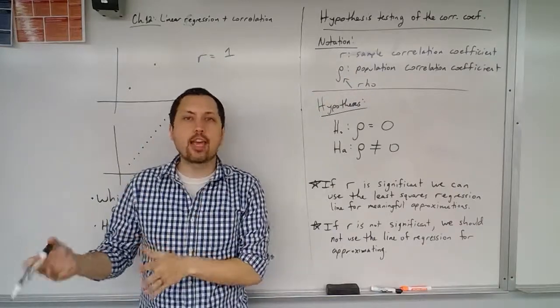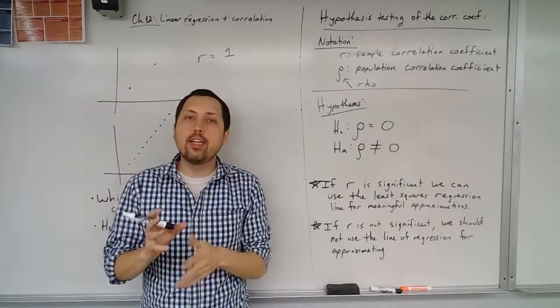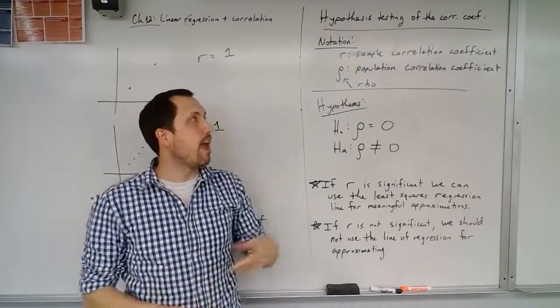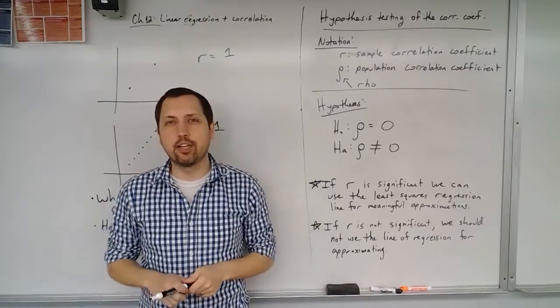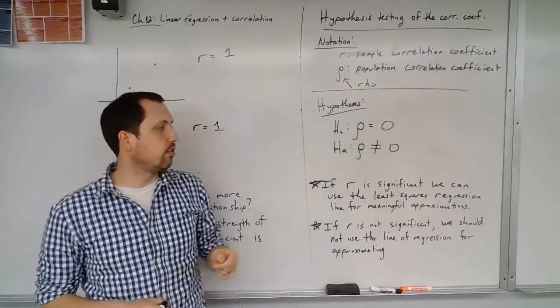So when you have your scatter plot, you find your line of best fit, you have all of that fun stuff, we now would like to test the claim that there is a significant linear relationship present. So we do this with our hypotheses.